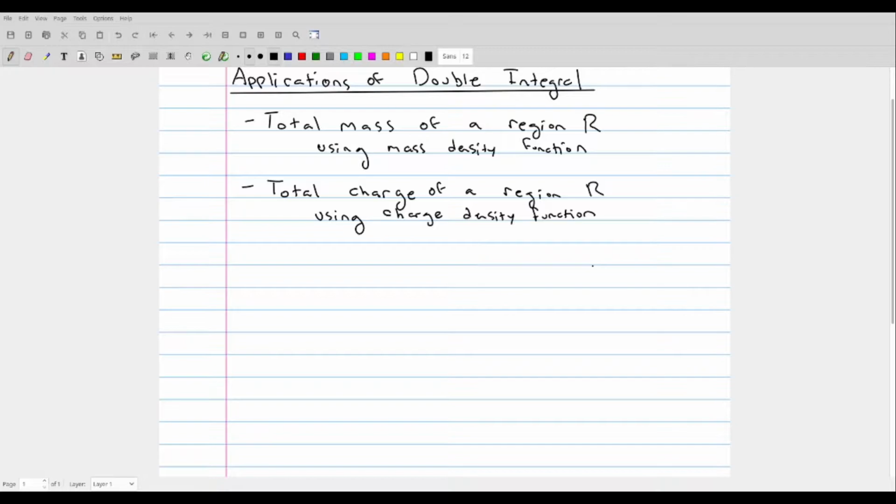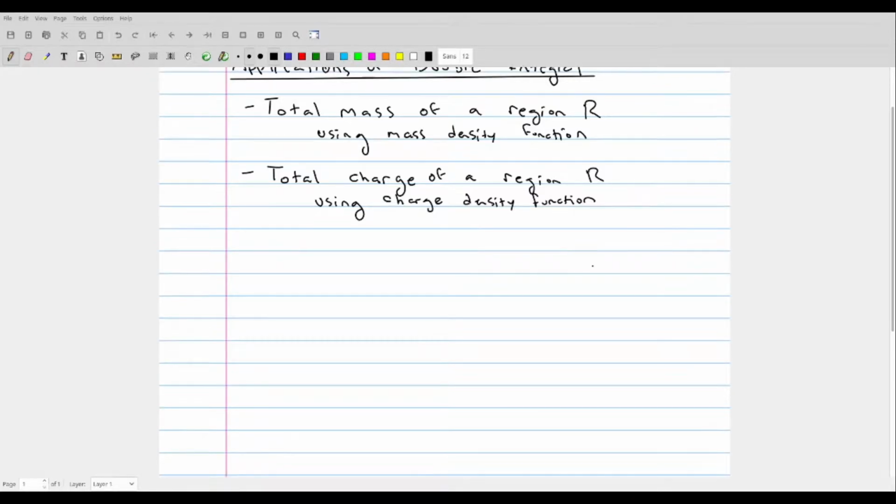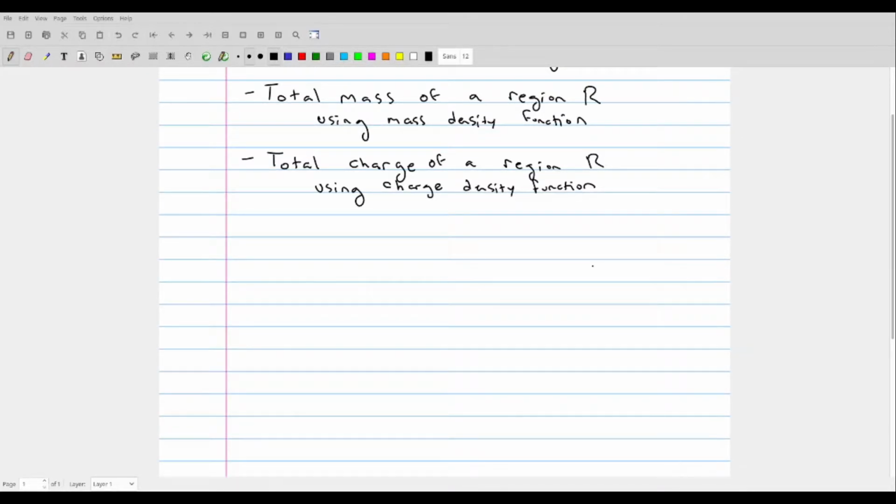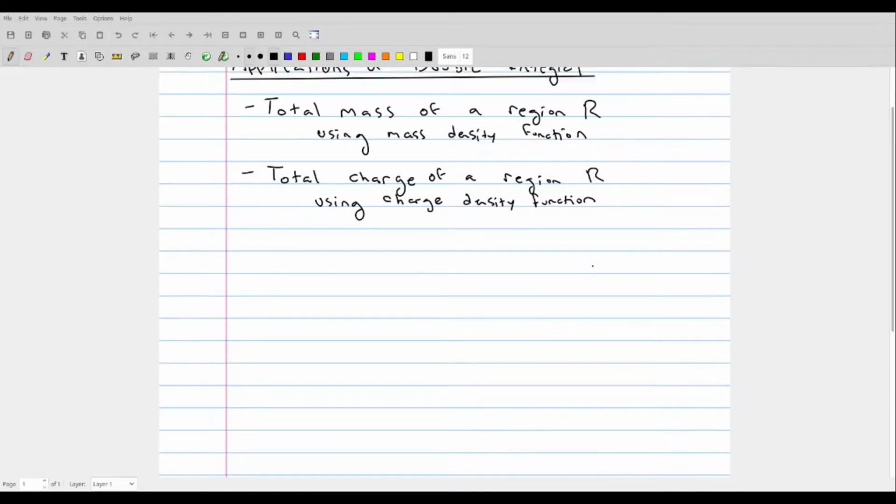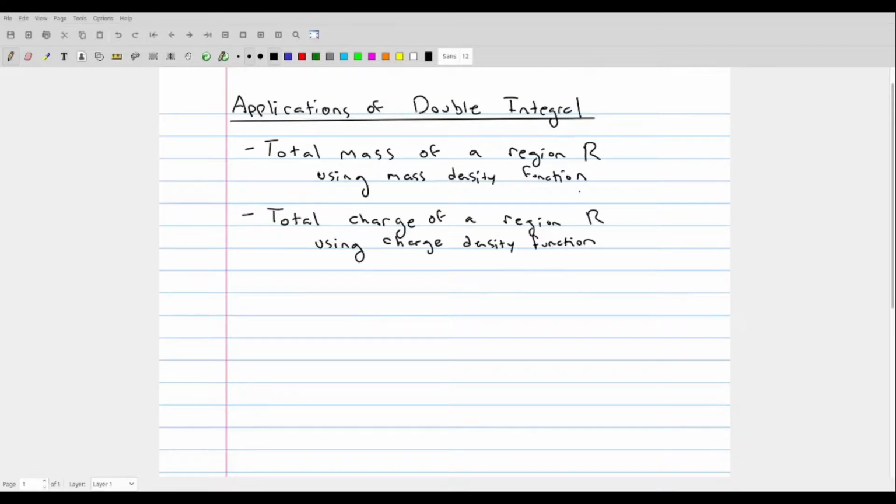For both of these applications, the formulas that we're going to get are going to be very, very similar to one another, almost the same thing. It's just that the interpretation of the density function is going to be different. This is all in 2D, so the region R here is in 2D, because we're dealing with a double integral.